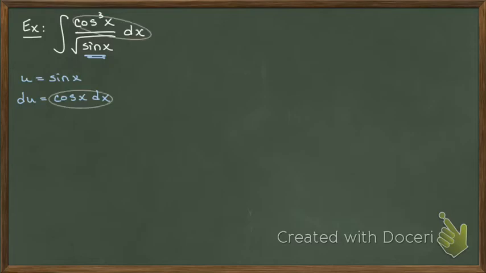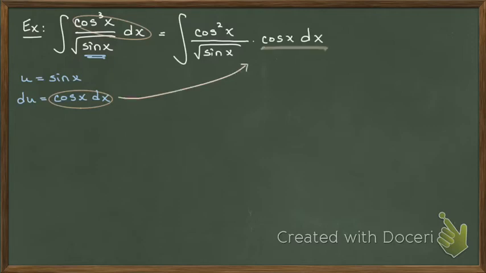So what I'm going to do here, I see cosine x dx is up there. I've just got extra powers. So similar to the last problem, I've got an odd power of cosine. I'm going to pull off a factor of cosine so that it can take the place of my du, right? Du is cosine x dx, so I can replace all that underlined portion, what I've pulled off, with du.